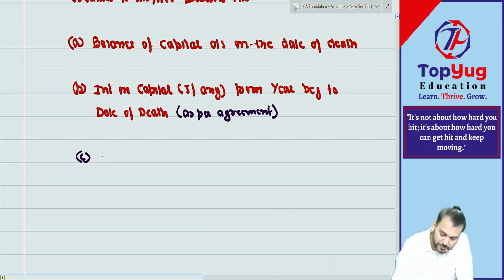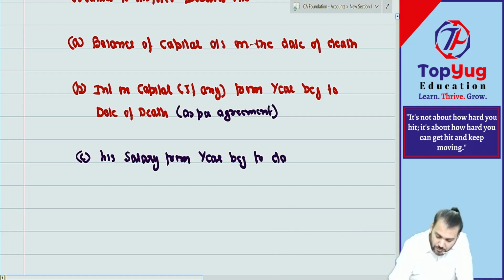Point number C. His salary from year beginning to date of death as per agreement.